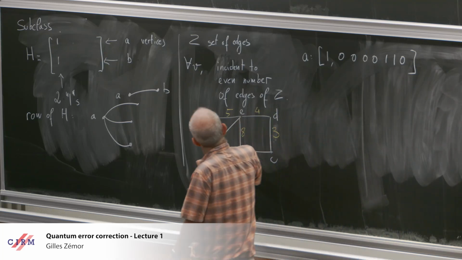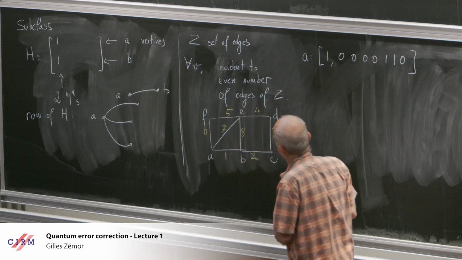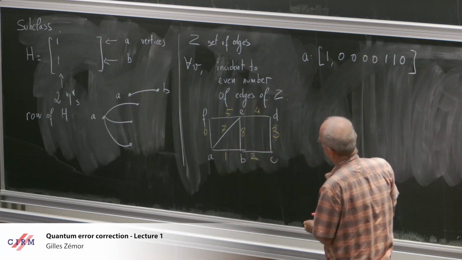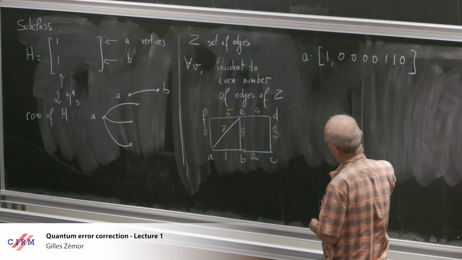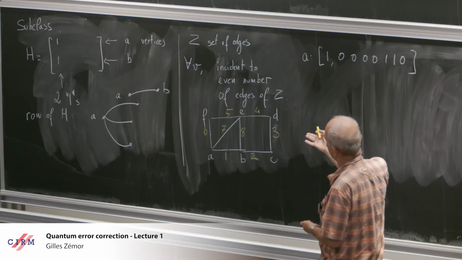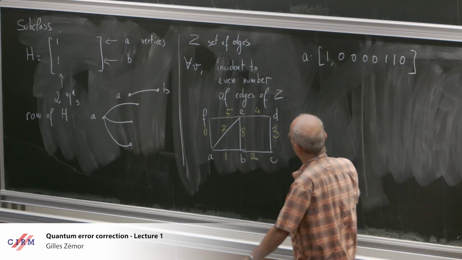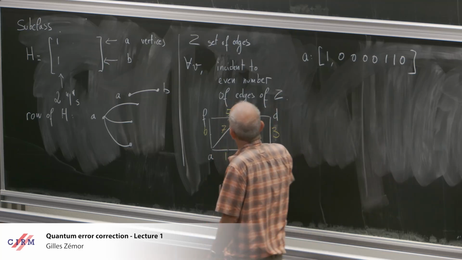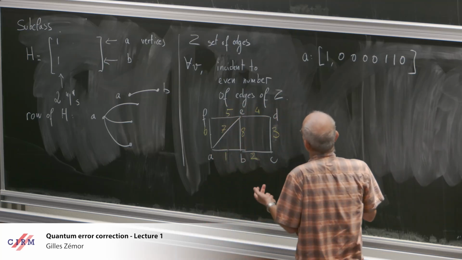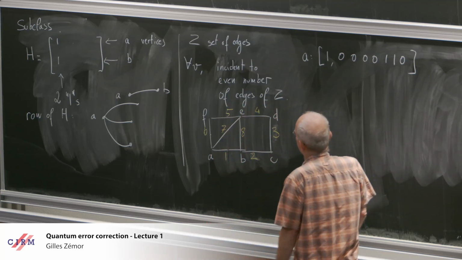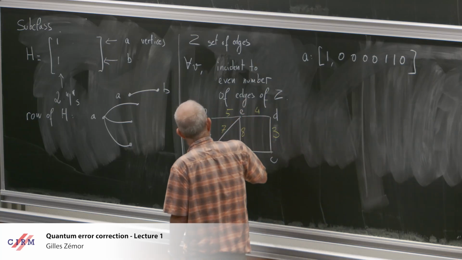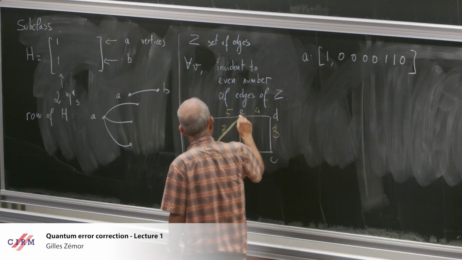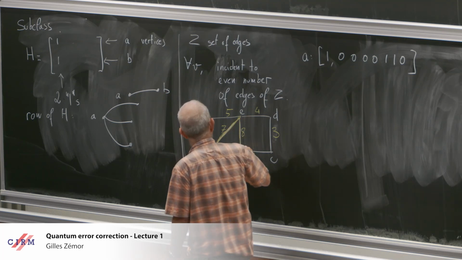And you see, what is a vector which belongs to the code? What is a code word? It's a set of edges that meets every vertex in an even number of positions. Here there's no choice. It's going to be either 0 or 2 positions. And this means that code words are really cycles in your graph.